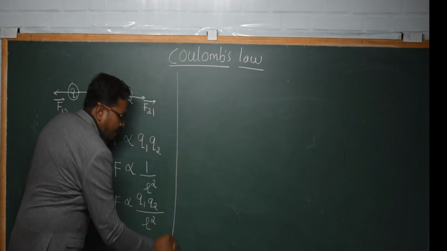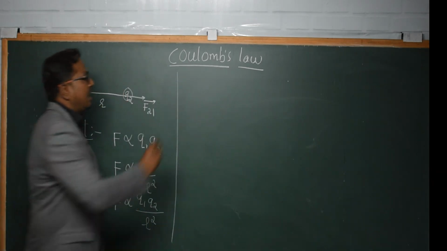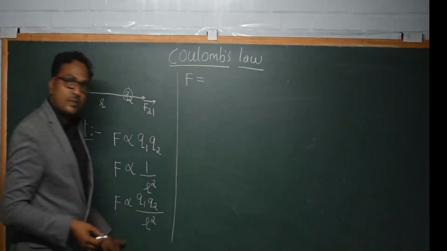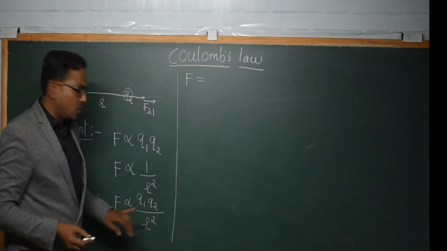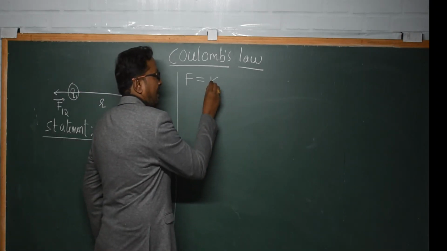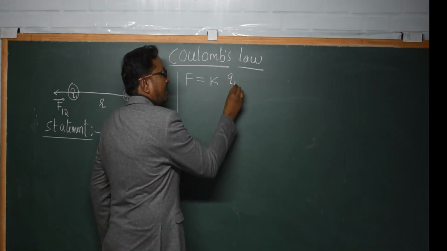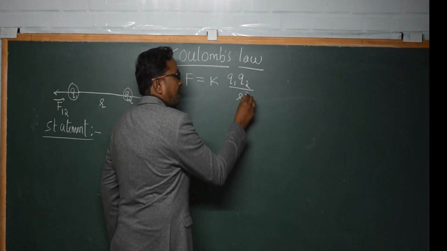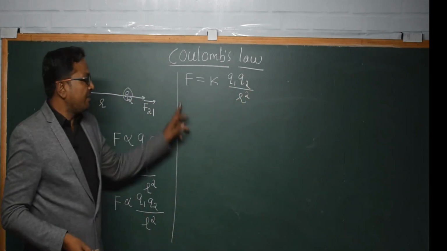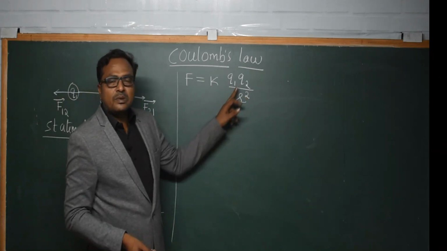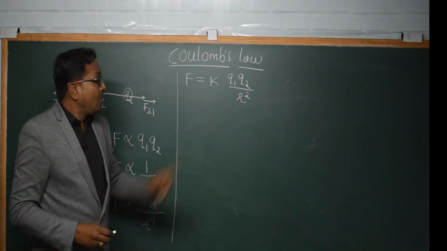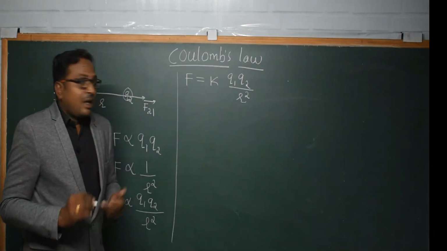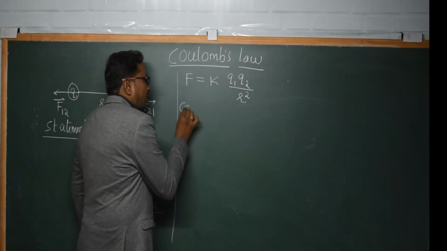Now, if we remove the proportionality, we can write F is equal to K into Q1 Q2 divided by R square. What is K? K is a proportionality constant. Now let me take two cases.